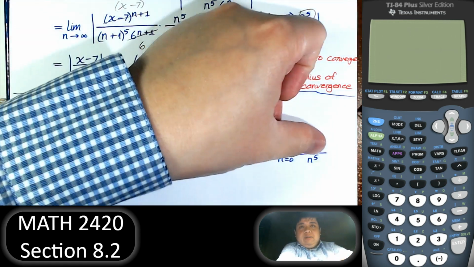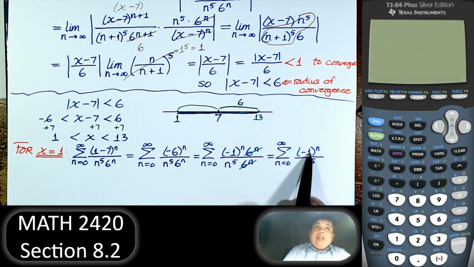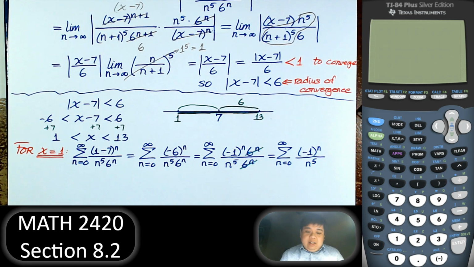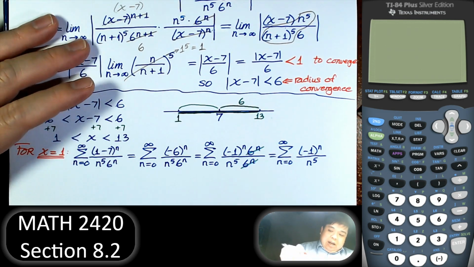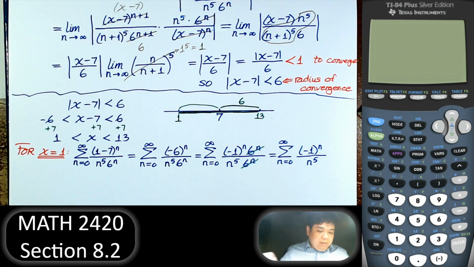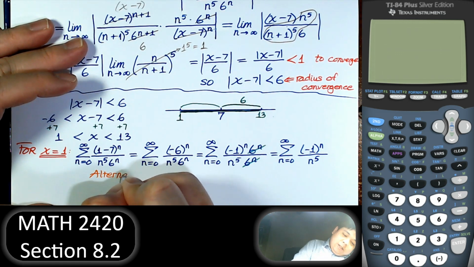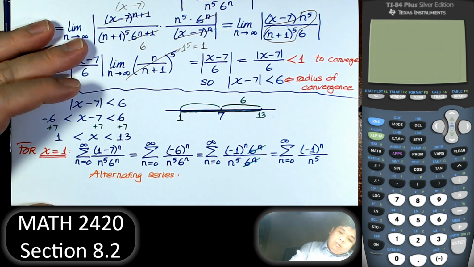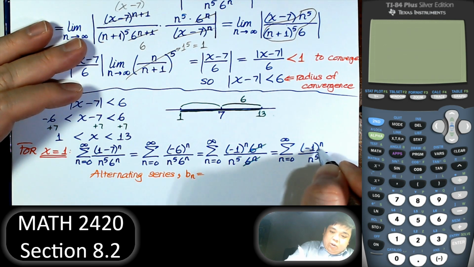So this is negative 1 to the n, an alternating series. For an alternating series, two things need to happen, where b sub n equals the term ignoring the negative.